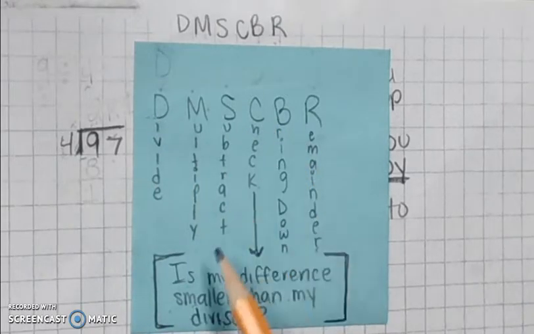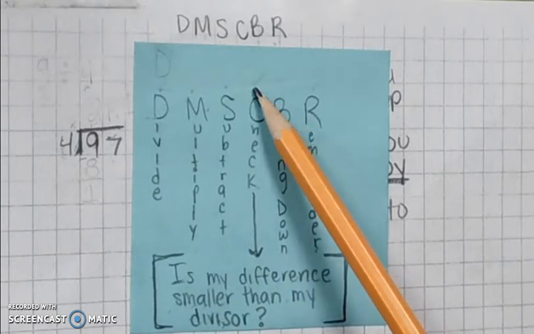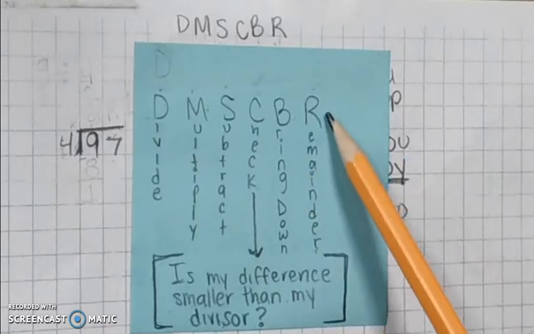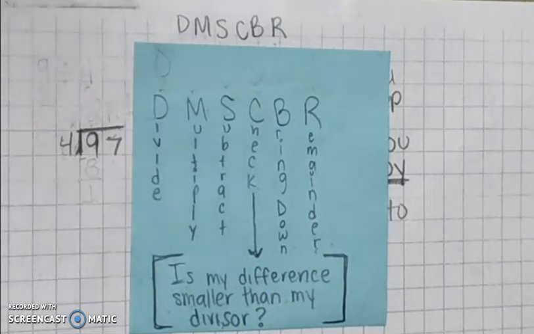However, if your difference is smaller than your divisor, you can check it off and you can move on to the next step, which is bring down, and then you'll have a new remainder that you're paying attention to. So let's go ahead and get started with our example.